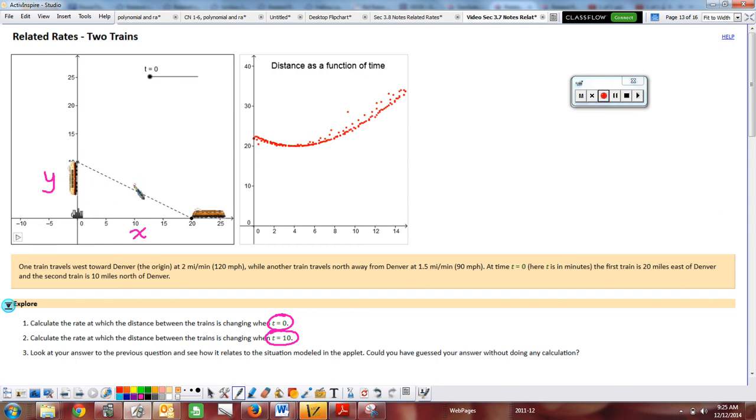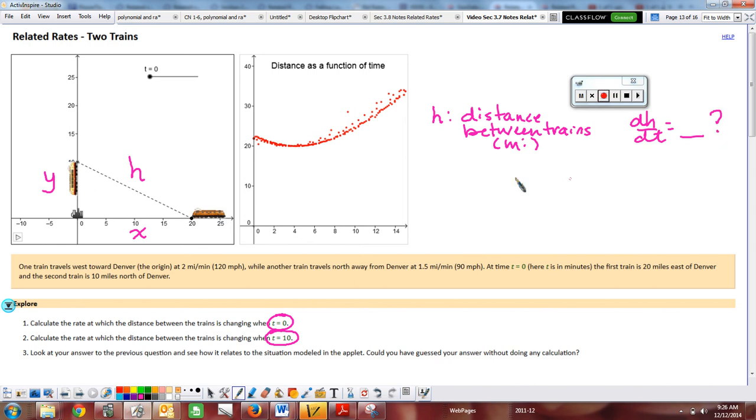And the distance between them, I'm going to call it h, just like I did in the problem. So our initial thought here is the same idea. Our h is our distance between. And in this problem, we are still doing our miles. We are trying to find dh dt.